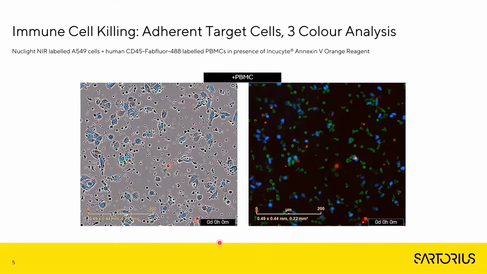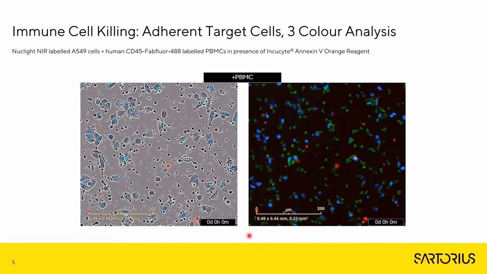These cells have been cultured in the presence of anti-CD45 labeled PBMCs, and the anti-CD45 antibody has itself been labeled with a Fabfluor 488 reporter. And these cells have been cultured in the presence of Annexin-5 orange to assess apoptosis.